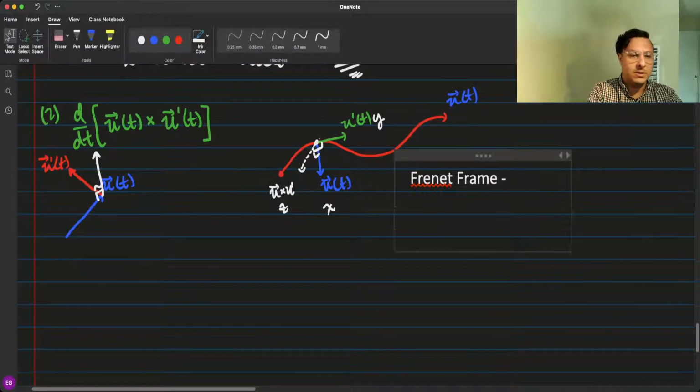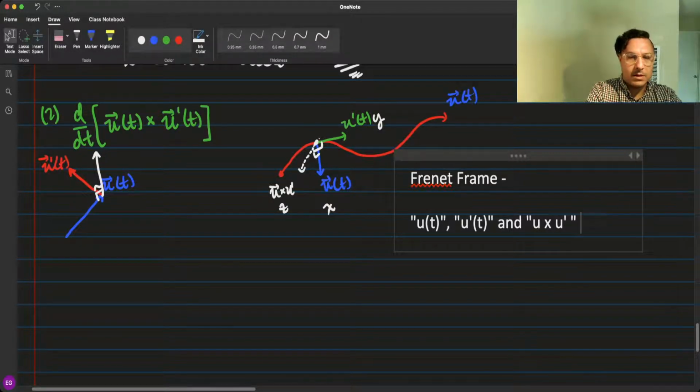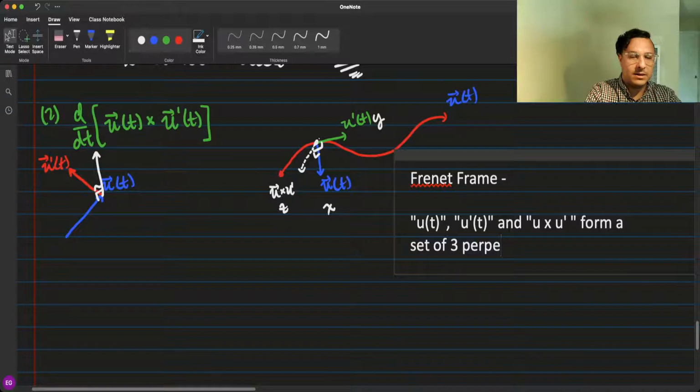So your u of t, your u prime of t, and u cross u prime form a set of three perpendicular axes.